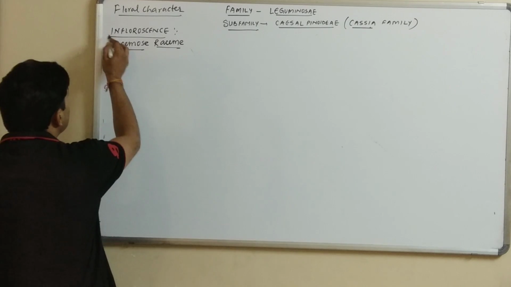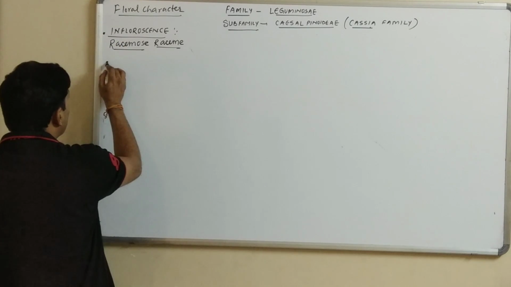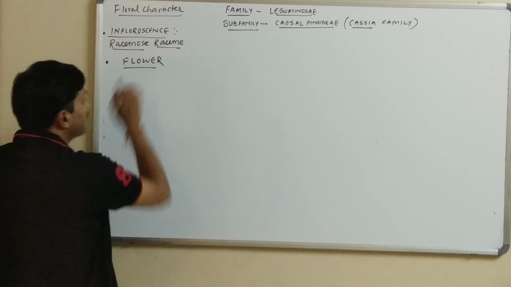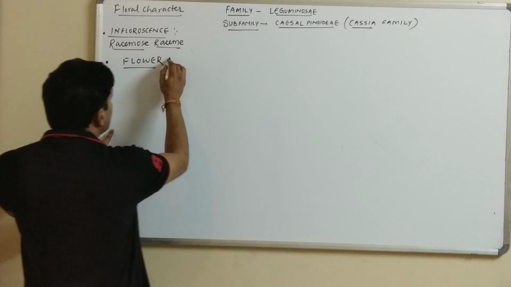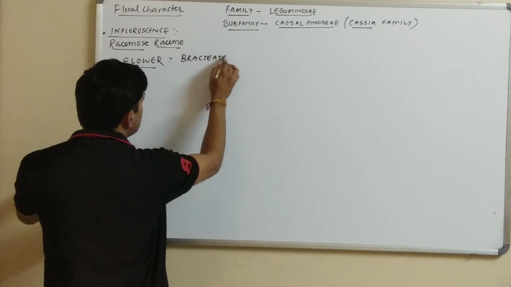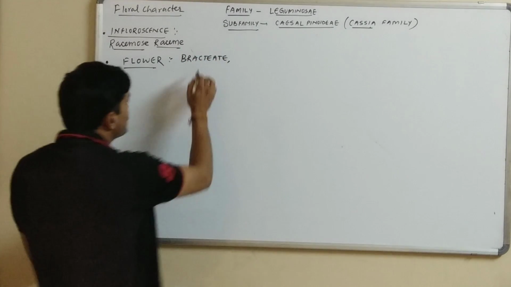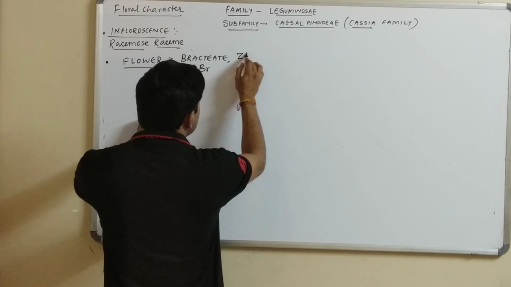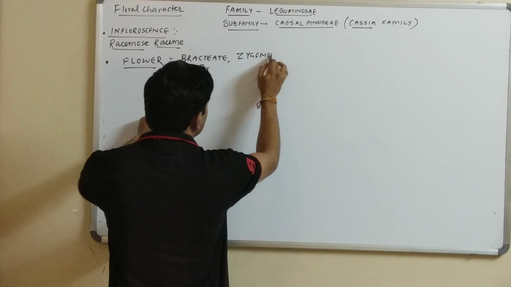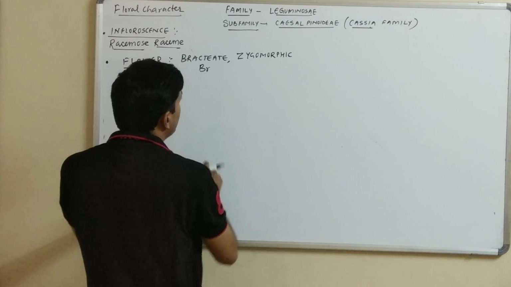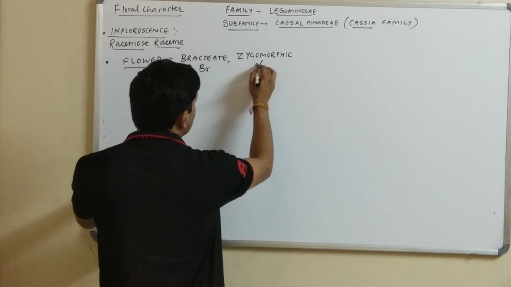After the inflorescence we have to discuss the flower, that is, what is the characteristic feature of the flower. So the flowers are bracteate, which is denoted by Br, and then the flowers are zygomorphic, which is actually denoted by this sign.